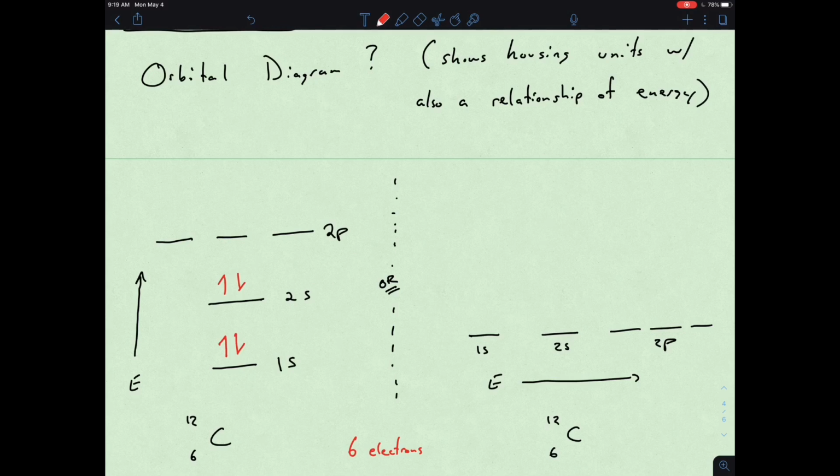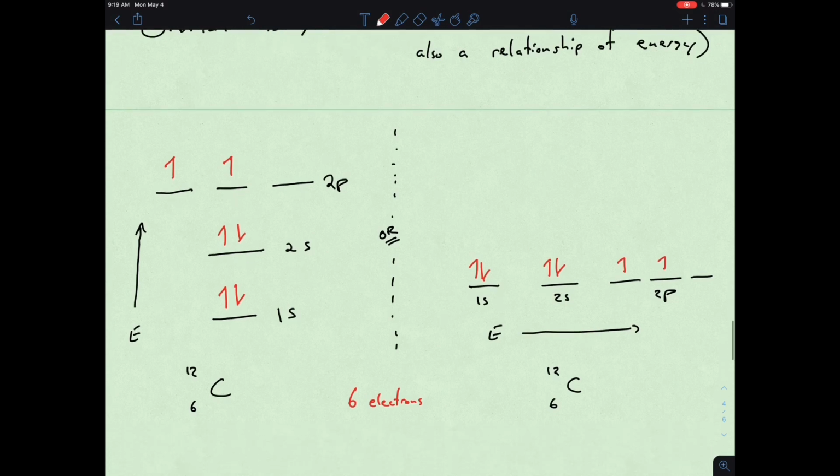So now I've dealt with 4 of the electrons that carbon has. Remember, it has 6. And now I'm putting them up into the 2p. And according to Hund's rule, remember, I want to do it so that they are separate from one another, right? Because I want to put in 1 electron into each before I start to pair up electrons. So in both cases, we end up with something that looks similar with that notion.